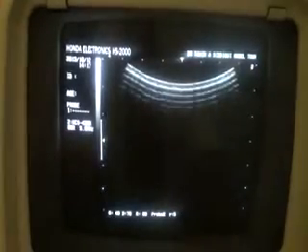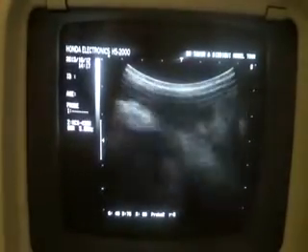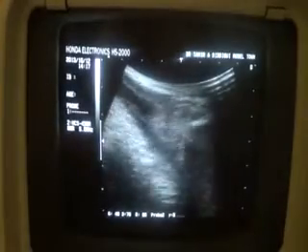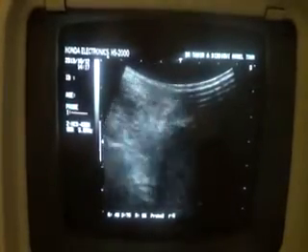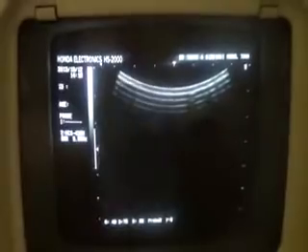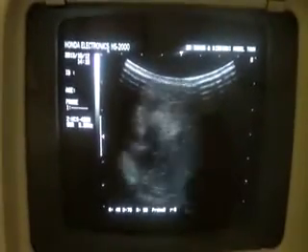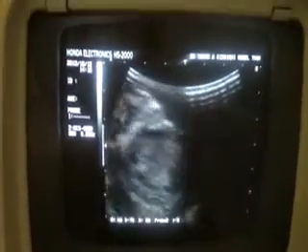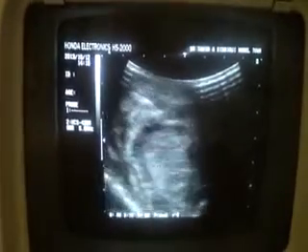Now moving further towards the inguinal region, we don't see any herniation of the bowel. No significant fluid is seen within the hemiscrotum.